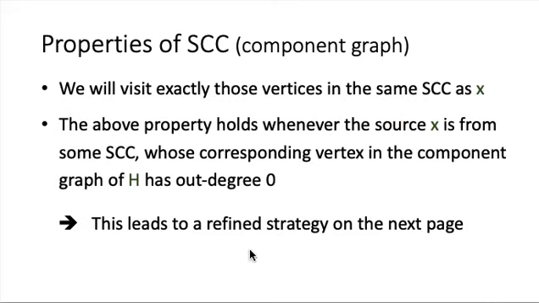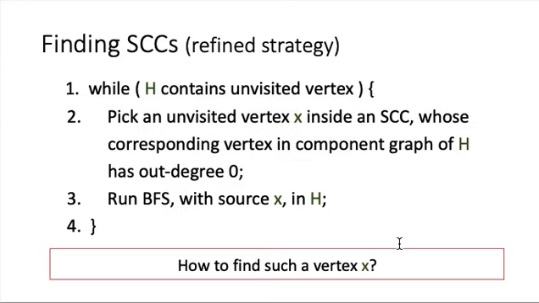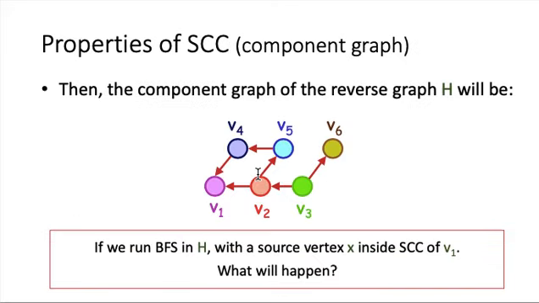So this gives us a refined strategy of our original method as follows. While H contains an unvisited vertex, we will pick an unvisited vertex X inside an SCC such that the corresponding vertex in the component graph has out degree 0. So this is how we pick. We can pick a vertex in V1. We can pick a vertex in V6 in this example.